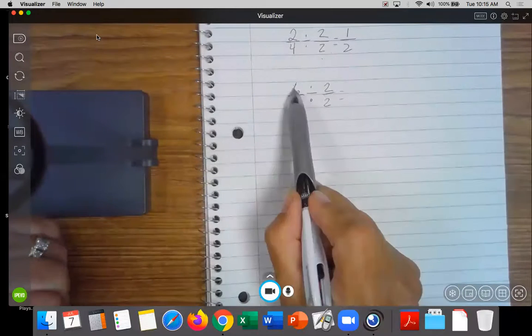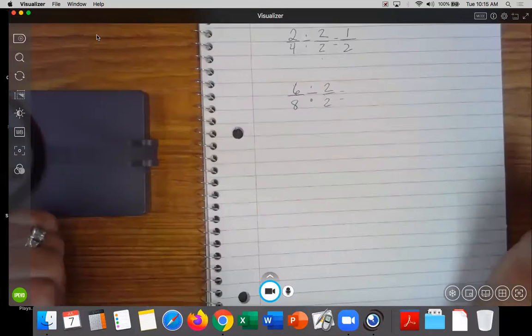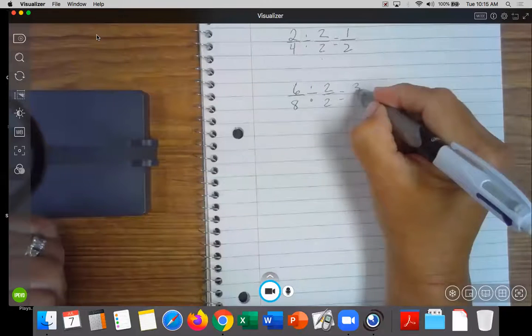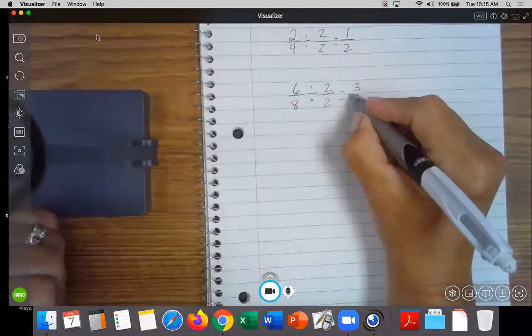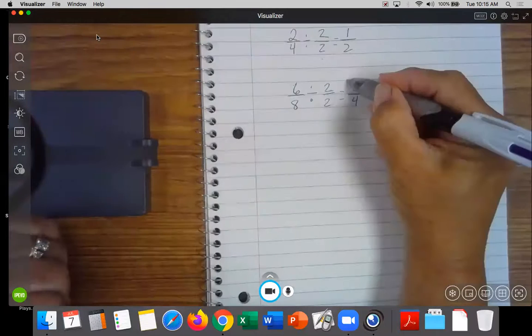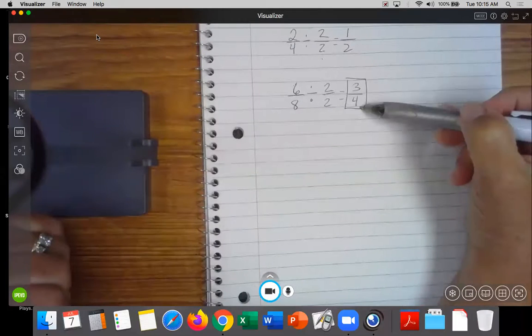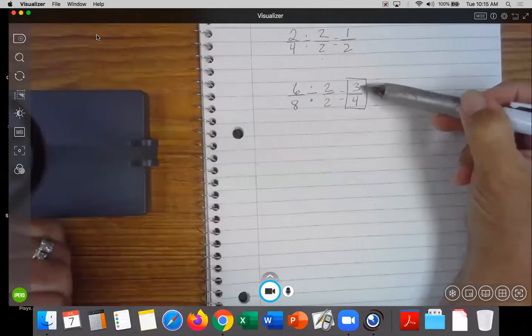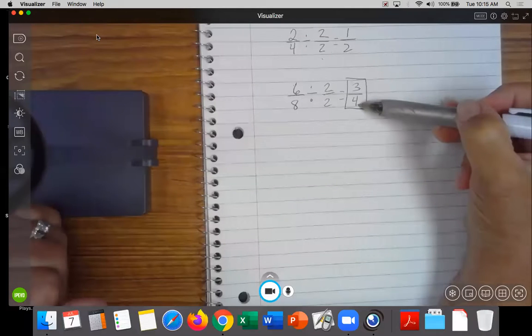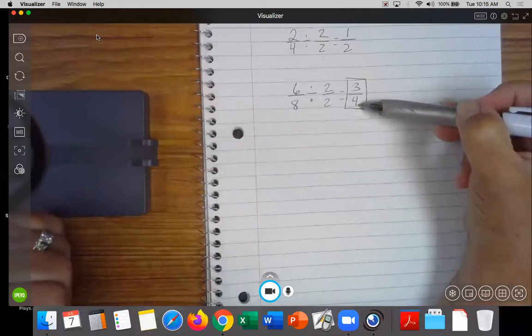What is 6 divided by 2? 3. Good. And what is 8 divided by 2? 4. Awesome. So 3/4 is as low as it goes. Did y'all ever hear of number buddies? No. If numbers are right next to each other on the number line, that means you cannot simplify them any more than what they already are.